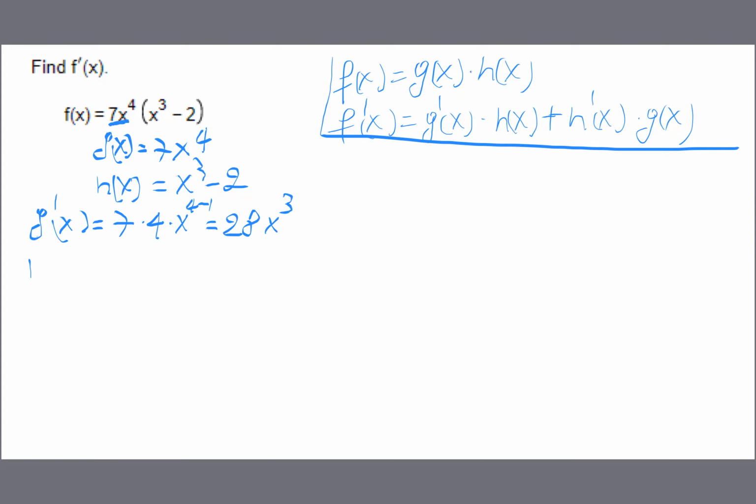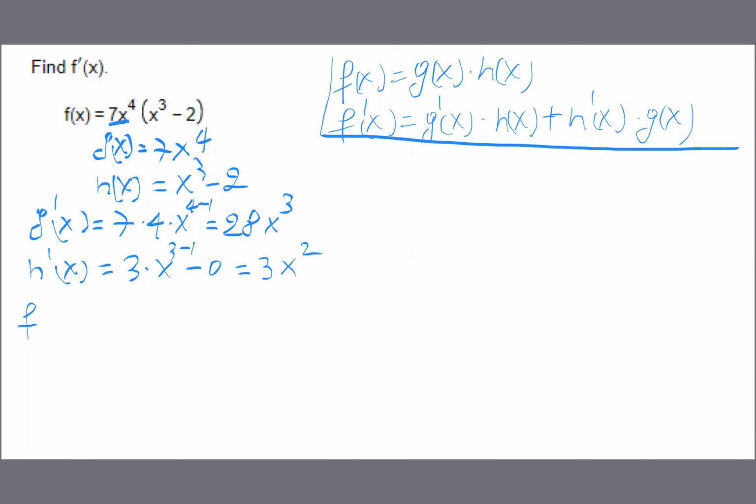h prime of x equals 3 times x to the 3 minus 1 minus 0. Remember, the derivative of a constant is 0. So here we have 3x squared.